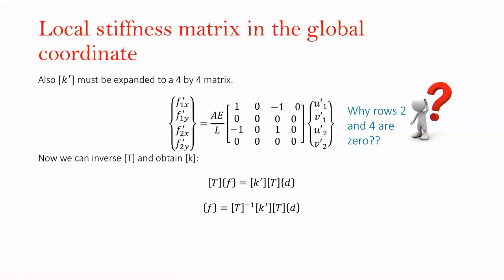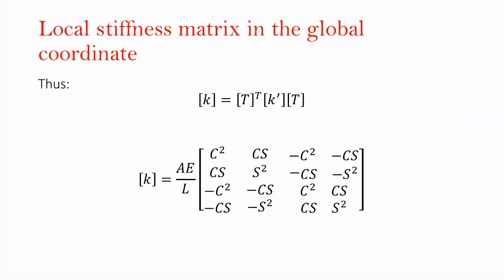So if you do the calculations, since the transformation matrix is orthogonal, which means that the inverse and the transpose of that matrix are the same, then this would be the K matrix for one individual element in the global coordinates. This is a 4x4 matrix.